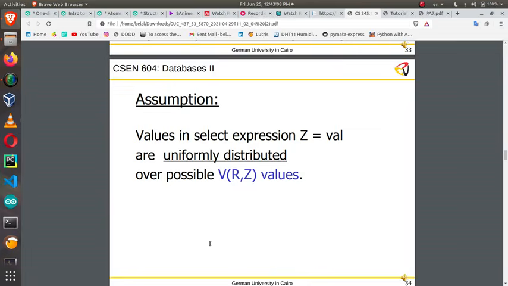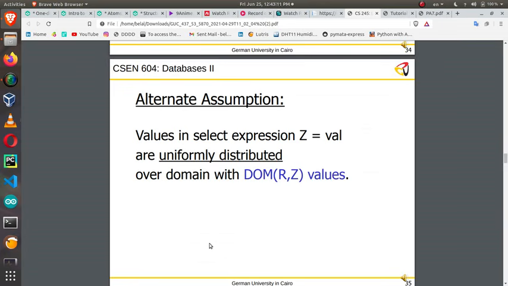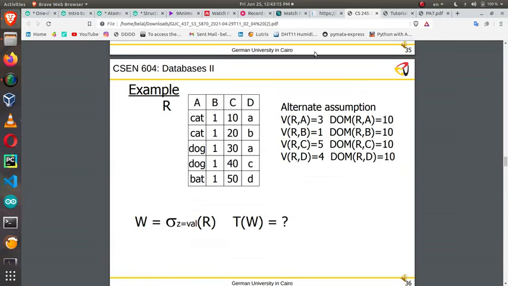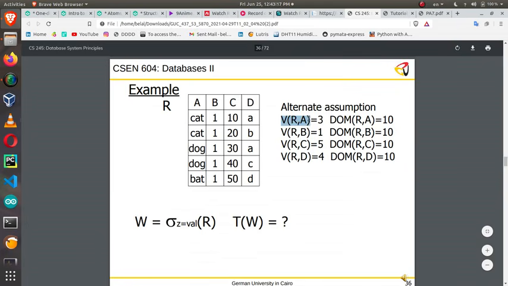Okay, you can replace any formula of distinct values, the number of distinct values, with the domain, the domain of a specific attribute.